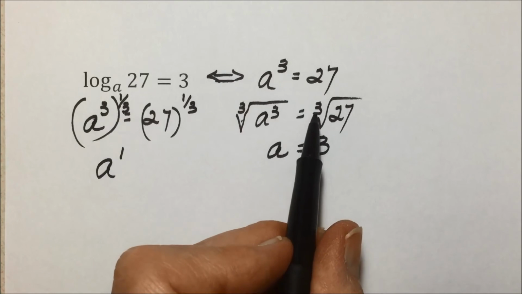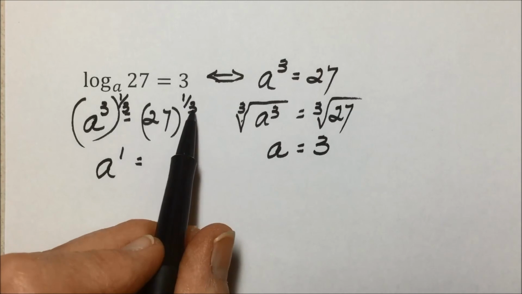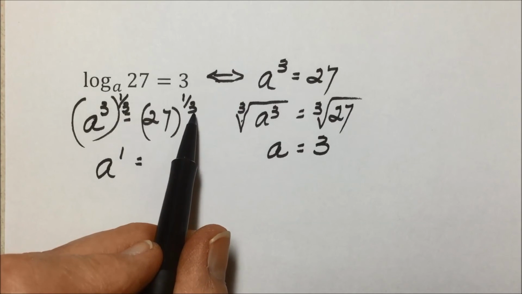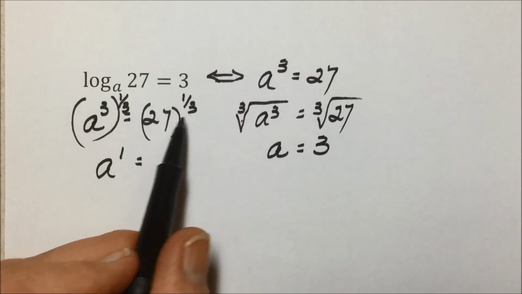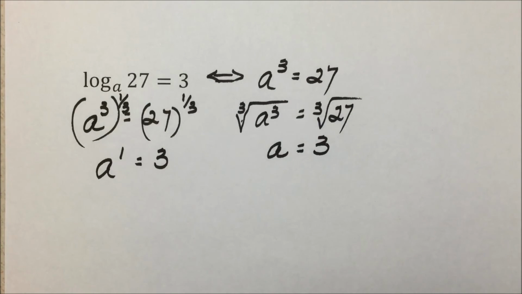Whether you translated that into cube root of 27 or understand that that denominator is the index, essentially the same, is going to give us the cube root of 27, which is 3, since 3 times 3 times 3 is 27. So our solution for our missing base would be 3 for this problem.